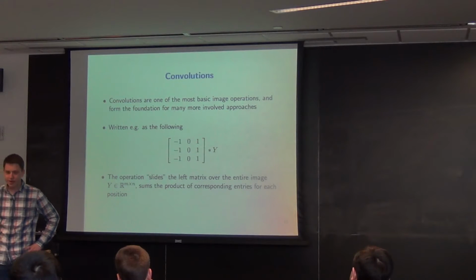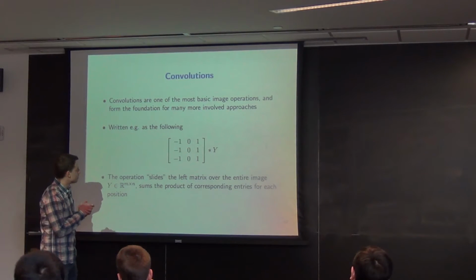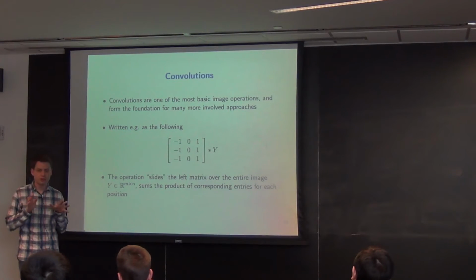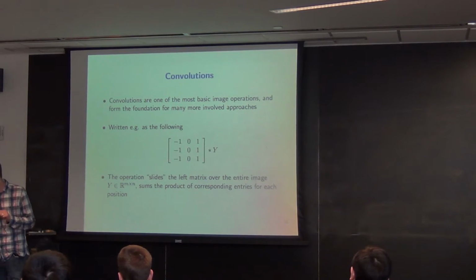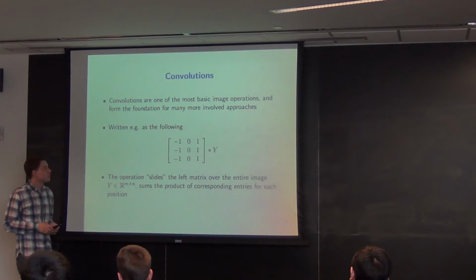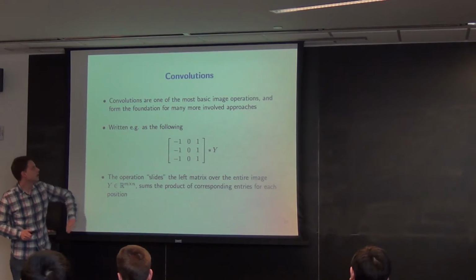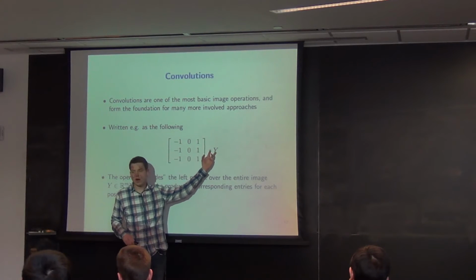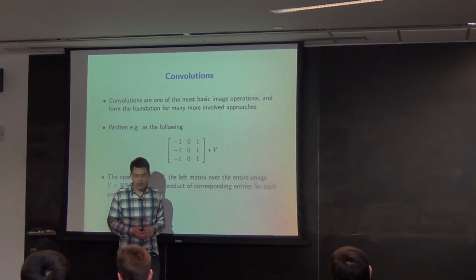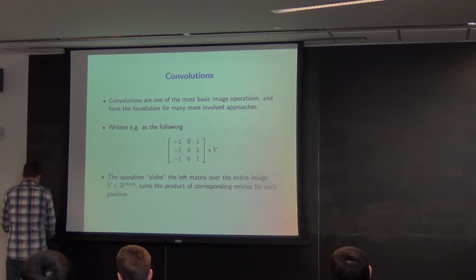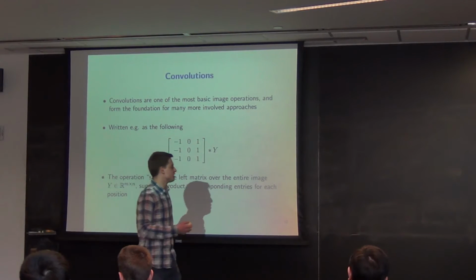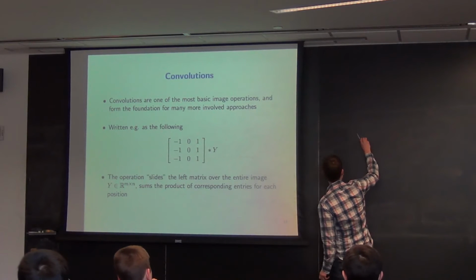All right, now let's talk about the basis for a lot of the operations we're going to do in computer vision. These are convolutions. We have some matrix Y, which is our image. Y in general throughout this lecture will be some arbitrary image with M rows and N columns.